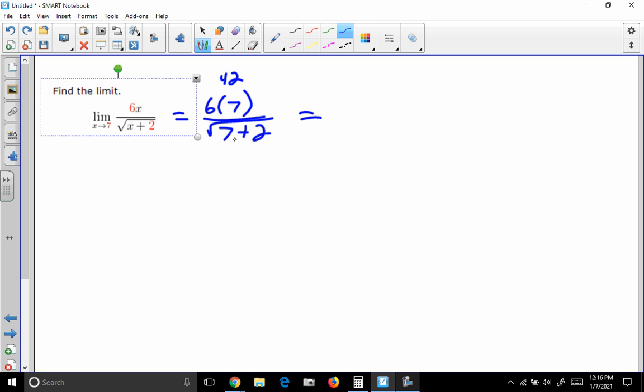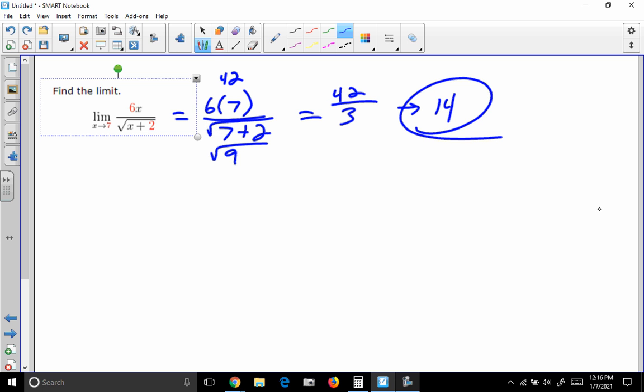We get 7 plus 2, which is 9 on bottom, so we get 42 on top. The square root of 9 is 3. That reduces to, let's see, 14. So that's our limit. As x gets closer to 7, we get 14. So that's nicer than having to plug in lots and lots of values to find out what we're going towards.